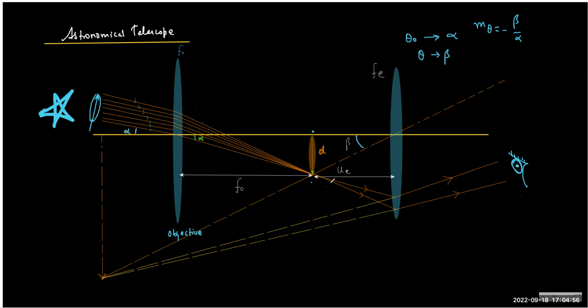So let's say we have a distant planet in the shape of a rod. Of course, that's hypothetical only. But we can talk about a comet. Comets are like a rod, a linear object. If you're looking at a distant comet, then the comet will appear inverted. That's what is possible. Anyway, the idea is we have the angular magnification defined as beta by alpha.